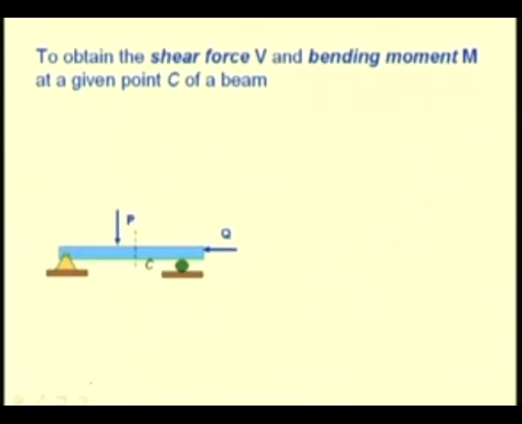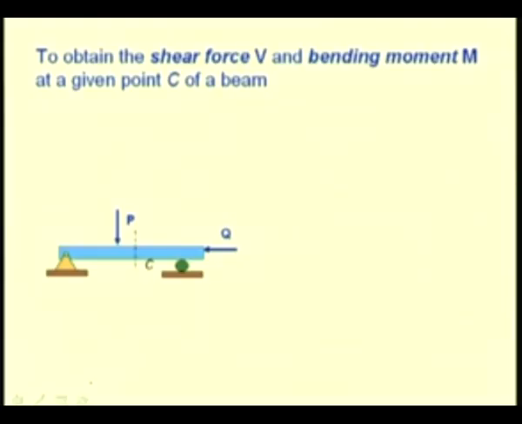So, in order to determine the shear force and bending moment, we consider the free body diagram of a portion of a beam and determine the unknown internal forces. Let us see an example.